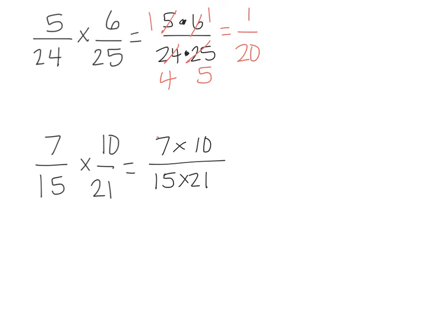I know that 7 can go into itself once, can go into 21 3 times, and that I know that 5 can go both into 10 and into 15. And so 10 divided by 5 is 2. 15 divided by 5 is 3. So if I multiply straight across, 1 times 2 is 2. 3 times 3 is 9. We have a nice, simplified, ready-to-go fraction.